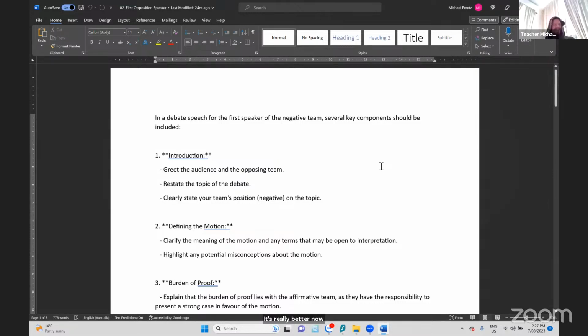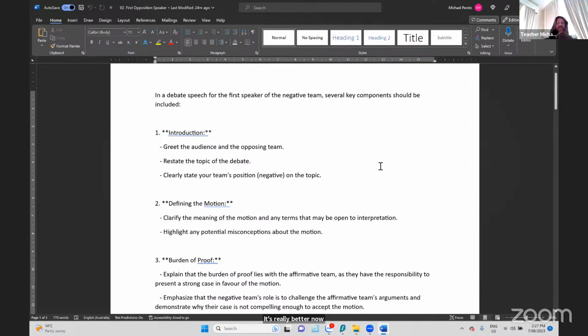Excellent, I'm glad. So the first thing that the first negative speaker, or the first opposition speaker, needs to include is, again, their introduction. They need to greet the audience and the opposing team. They need to restate the topic of the debate, but they, of course, need to clearly state that they are against the topic, that they don't believe it.